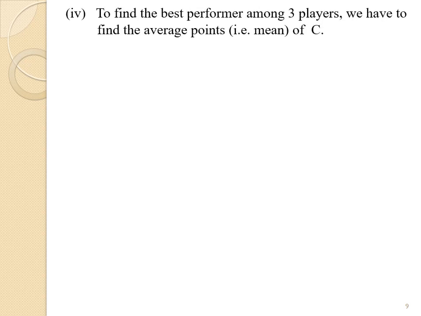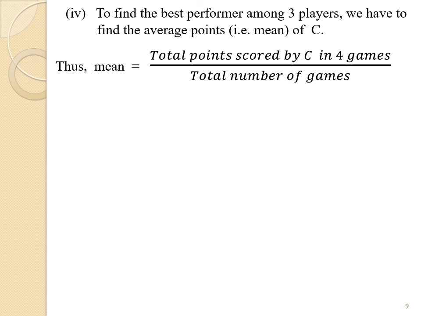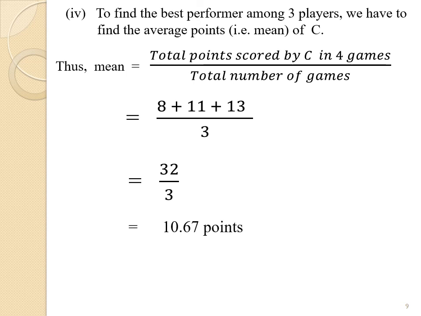So, let's find out the mean of player C. Mean of C equals total points scored by C in each game upon total number of games equals 8 plus 11 plus 13 upon 3 equals 32 upon 3 equals 10.67 points.